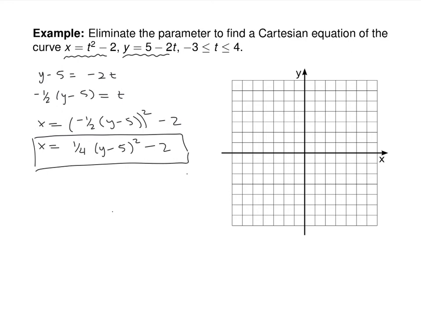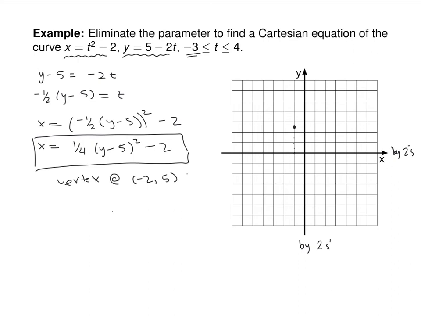Okay, now this is going to be a sideways parabola with vertex at -2, 5. And I just know what's going to happen here, so I'm going to make my axes count by 2s, both of them. So back 2, up 1, 2, 3, 4, 5. And now the question is what's going to happen at my endpoint.